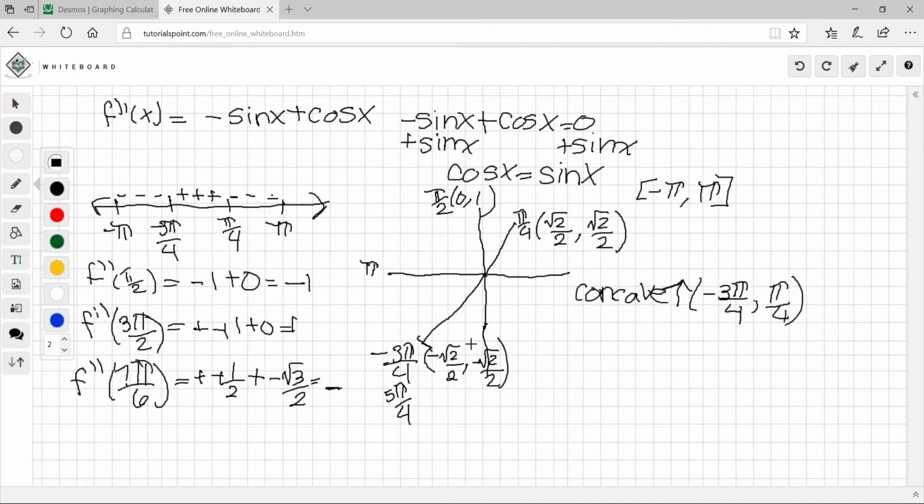Concave down is wherever you see a negative number, so it's from negative pi to negative 3 pi fourths, union pi fourths to pi.